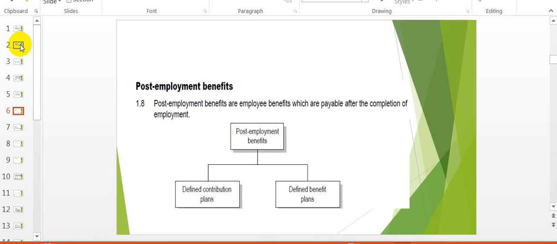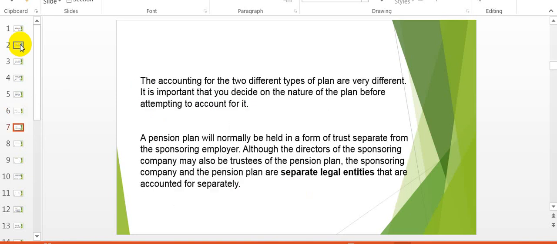We'll start with a defined contribution plan. To account for this, you need to be aware of their differences, since they are both accounted for differently.